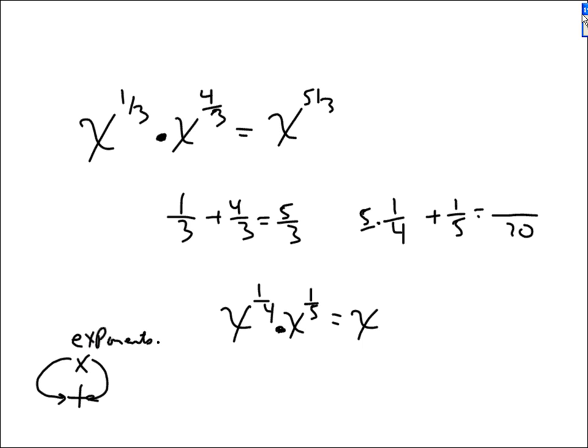Multiply by 5 over 5, and you get 5 over 20. Plus, multiply by 4 over 4, and you get 4 over 20. 5 over 20 plus 4 over 20 is 9 over 20. And there it is.